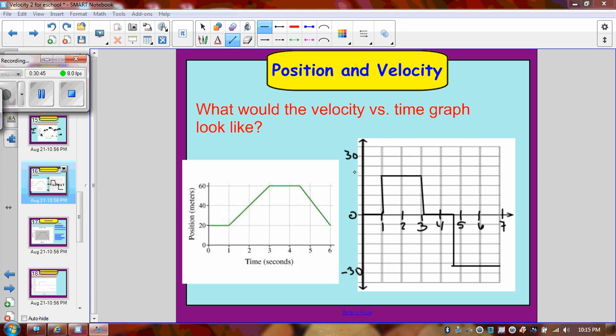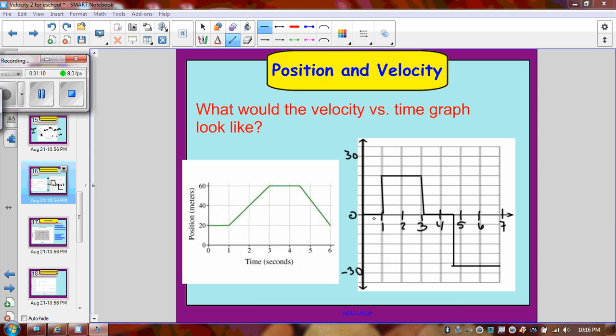Okay, let's check to see if you got the same thing. For the first 1 second, remember the object was moving at 0 meters per second. Then the object moved for 2 seconds, going 20 meters per second. Then stopped for about 1.5 seconds, going 0 meters per second. And then finished off for the last 2.5 seconds, going approximately negative 26.67 meters per second.